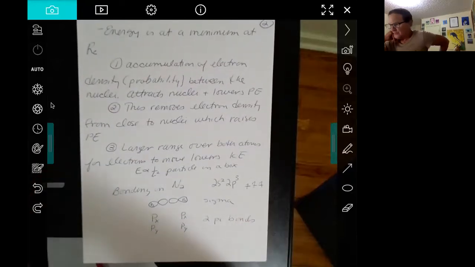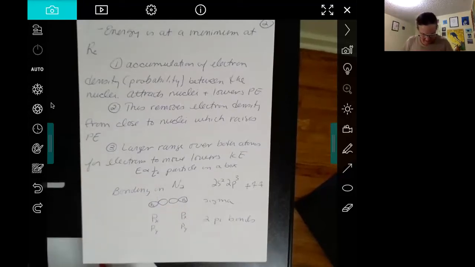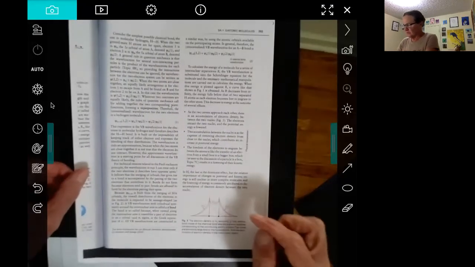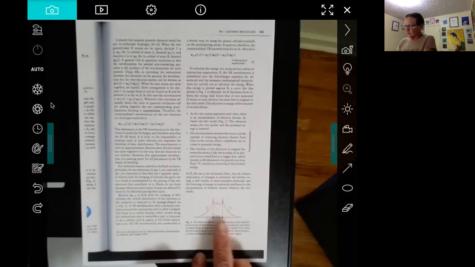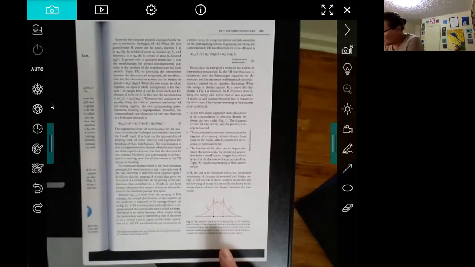And so that's where the bond is. So we have an accumulation of electron density between the nuclei. Let me show you a picture from your book about that. So when you say you have an accumulation, so if we take these two wave functions and the two black dots, so this is figure 3 on page 393, are the nuclei.